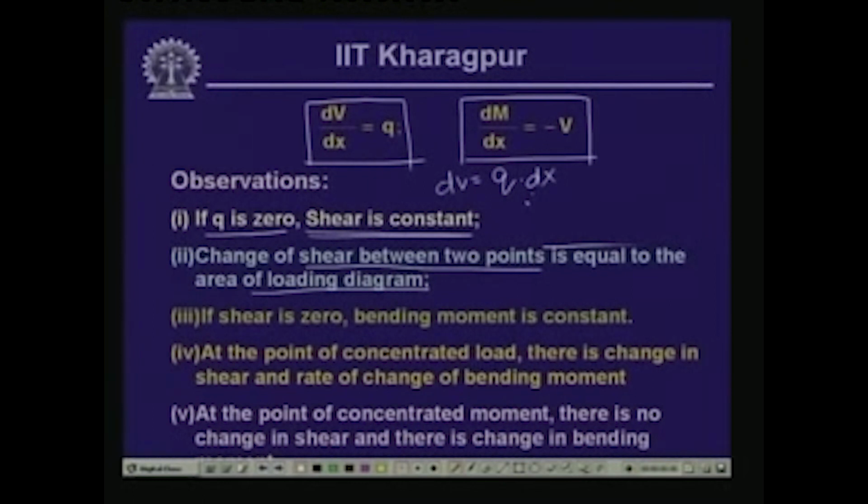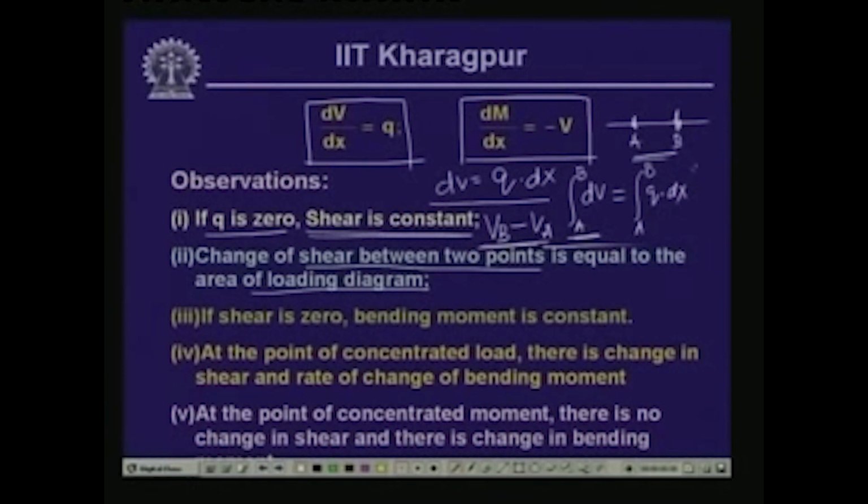Now, if we integrate this expression between 2 points on the beam, let us say A and B at a distance apart, and we would like to find out the change in the shear force between A and B. So, integral dV from A to B equals integral from A to B of q dx. This gives us that integral dV from A to B is basically shear force at B minus shear force at A. So, the differential shear force between B and A is nothing but q dx, which represents the area of the loading.